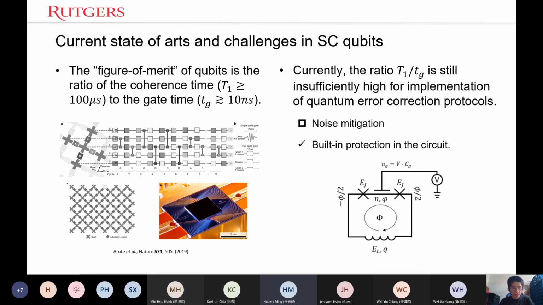So speaking of materials, why are you still using aluminum for the superconducting qubit, or is there any candidate that can be substituted from the material scientists? Yes, that's also another excellent question. Personally, I think aluminum is something where the oxide works very nicely and we thought we understood it well.